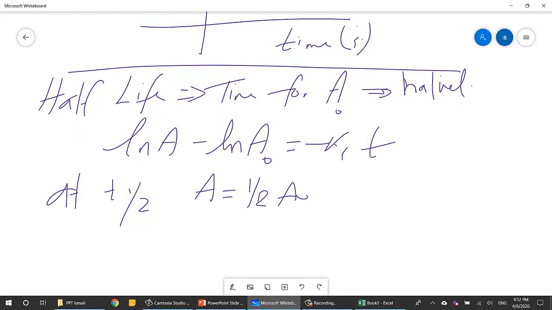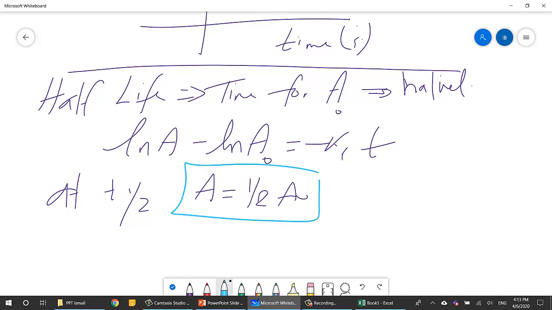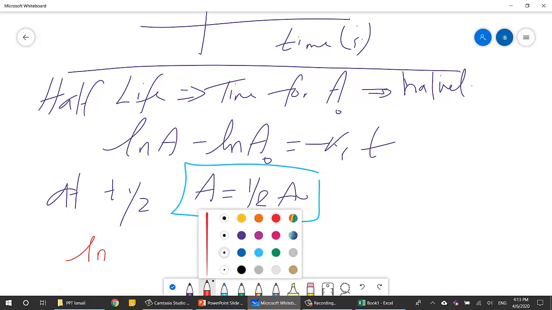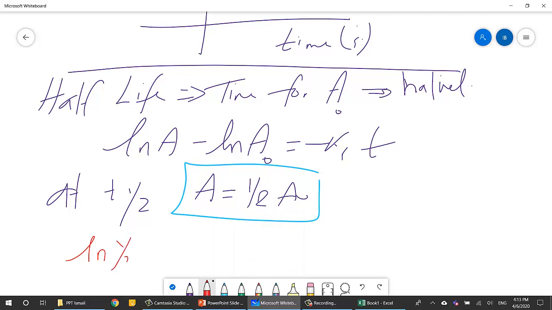So we are starting with 10 moles. So let's say, what time does it take to have A naught become equal to 5 moles? So this is the definition here. A is equal to half A naught, and therefore I can apply this to the equation. So ln of half A naught, instead of A here, minus ln A naught is equal to minus Kr t.